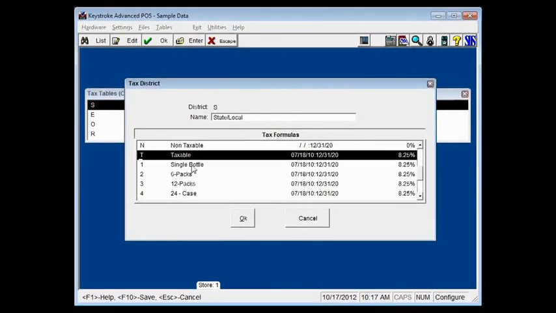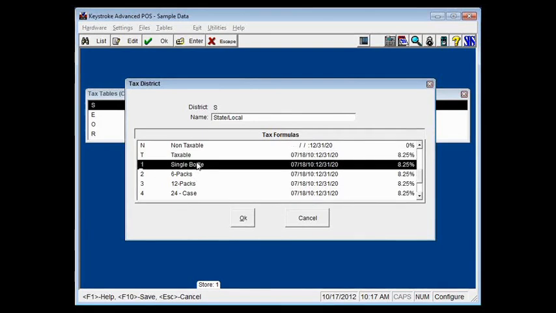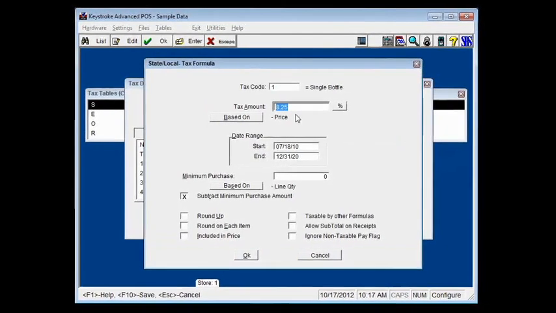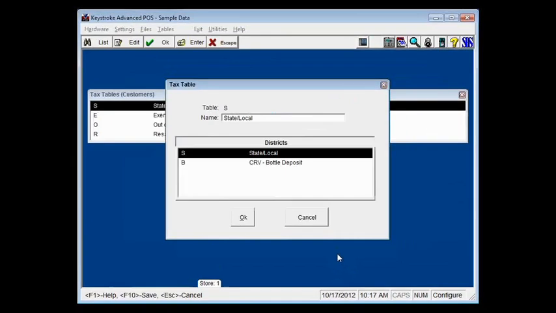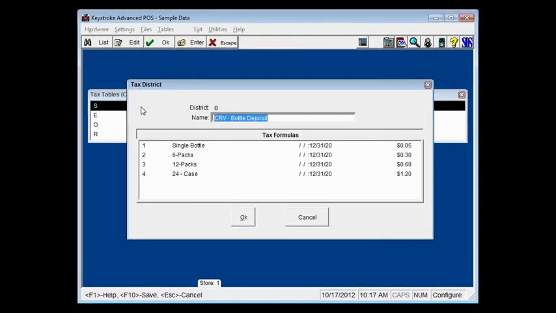But let's take a look here under our state and local for our bottle deposits. Notice we have all these other tax formulas. So we have single bottle, 6 packs, 12 packs. Each of those are still taxed at the 8.25%. But where you get your bottle deposits is in your bottle deposit district.